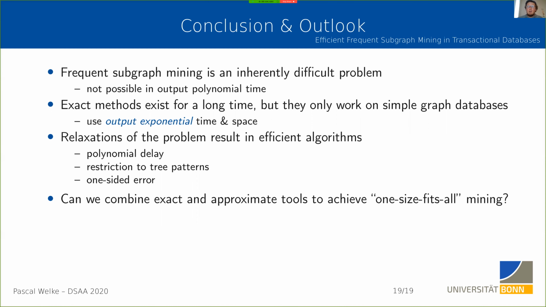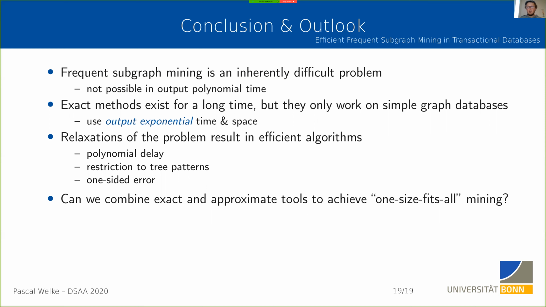And as an outlook, why I think it's important to still consider this area and to do research in this area is, well, one of the questions would be, can we benefit from both aspects, right? And can we combine the exact algorithms up to the point where they stop being practically feasible, and switch then over to the inexact algorithms?